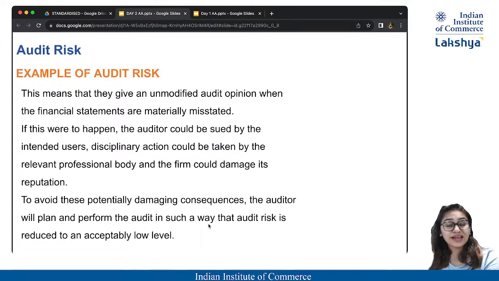And he needs to plan and perform the audit in such a way that the audit risk is reduced to an acceptably low level. So either there is no risk at all, or the risk is so small that it is already reduced to an acceptably low level. That is what the auditor needs to do. So this is so much added responsibility and so much added pressure on the shoulders of the auditor.